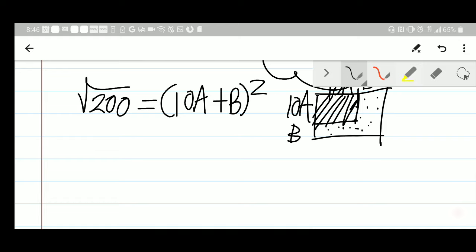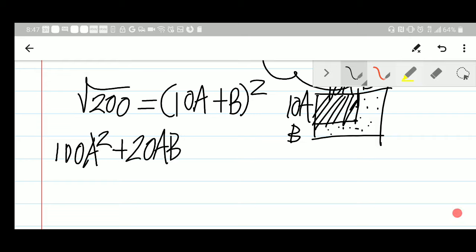Okay, so let's go. So we have 100A squared. I'm just multiplying out the binomial. Plus 20AB plus B squared equals 200.